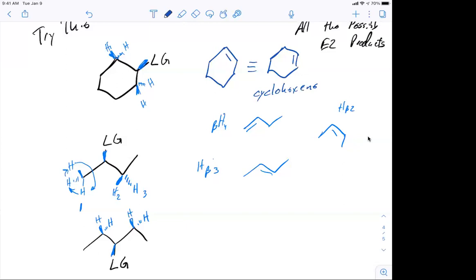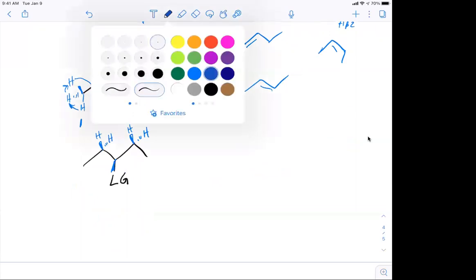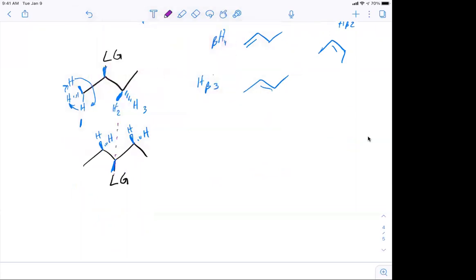right? If we look down here, now we have some symmetry between these two. So if we look along this axis, we have symmetry, which means we really have 1 and 2 and 1 and 2, which then will give us this product and this product.